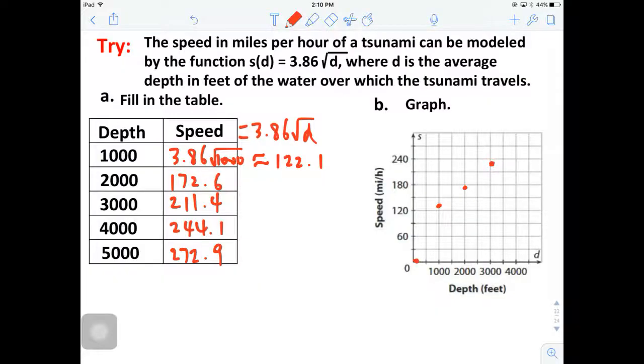And then 4000 is 244, which is right here. And 5000 is going to be 270 something. So you should have another smooth curve representing the square root function.